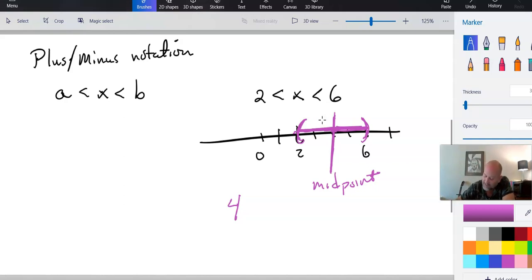Well, we know that if I get to this endpoint, I have to add 2 to the 4. To get to this endpoint on the lower end, I have to subtract 2 from 4. So here's the plus minus notation. This interval from 2 to 6 can also be written as 4 plus or minus 2. Okay, so this is a way of listing both endpoints at the same time.